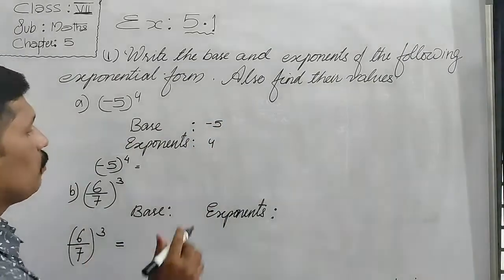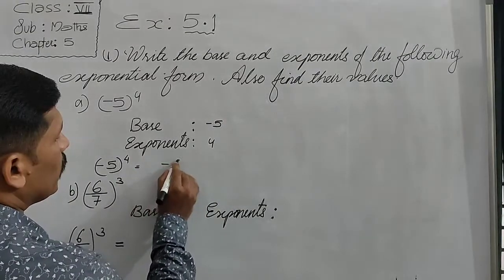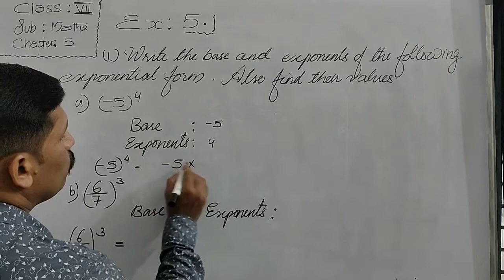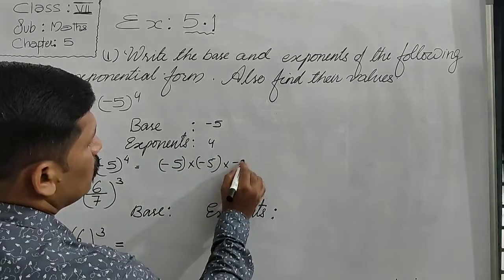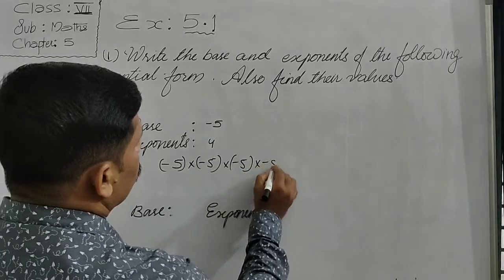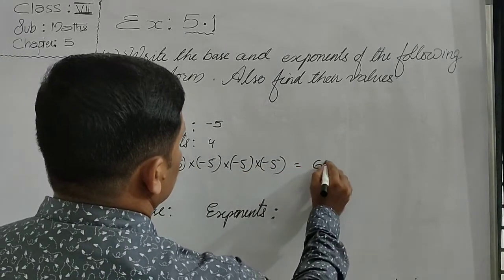And also we have to find the value. In order to find the value, the exponent is 4, therefore we have to multiply -5 four times. -5 into -5 into -5 into -5. 5 5s are 25, 25 25s are 625.